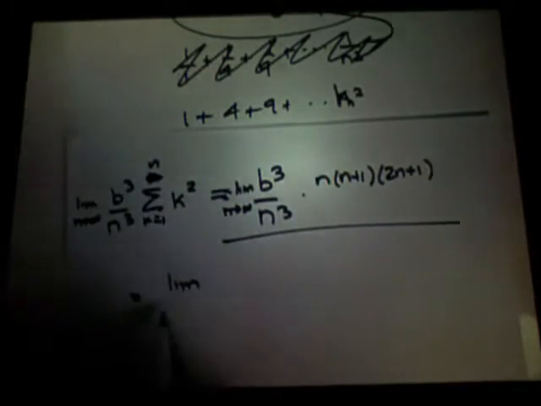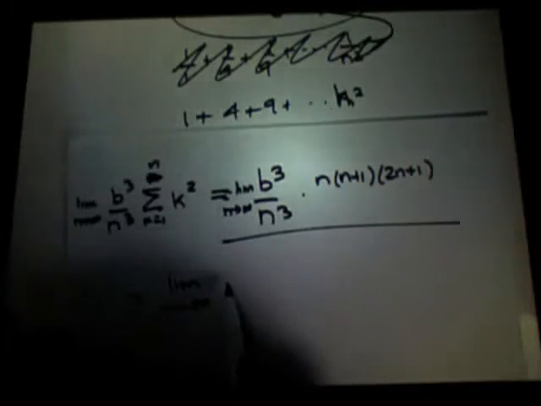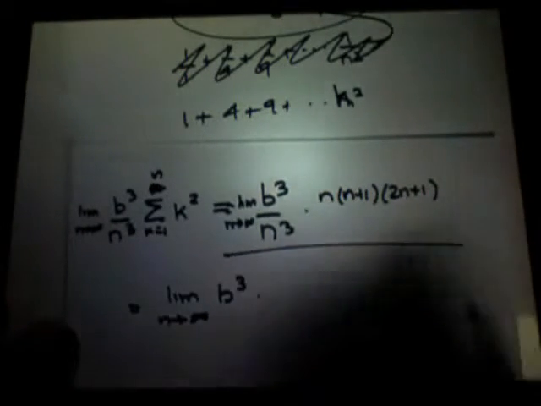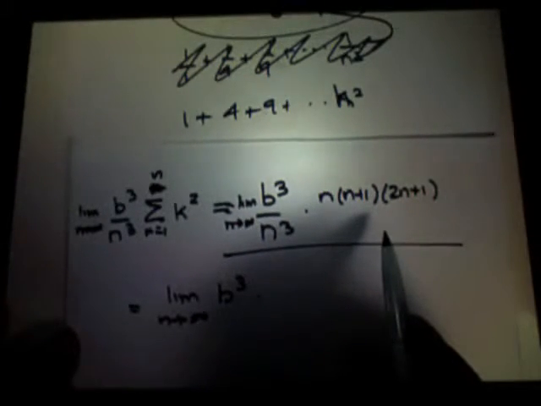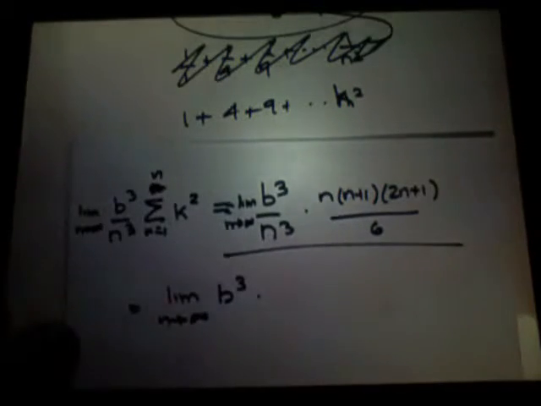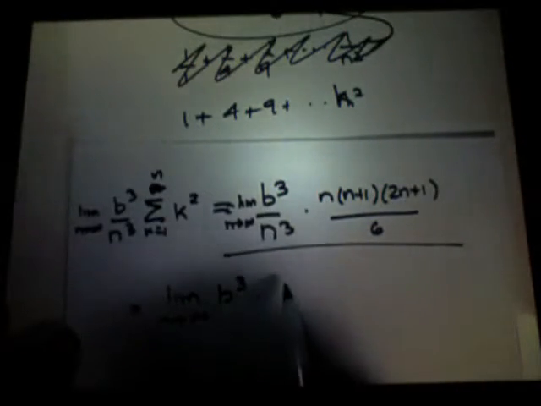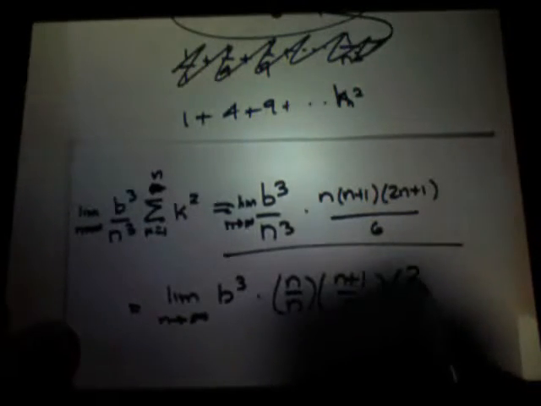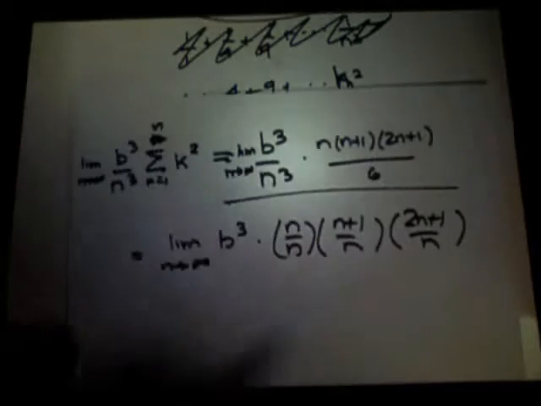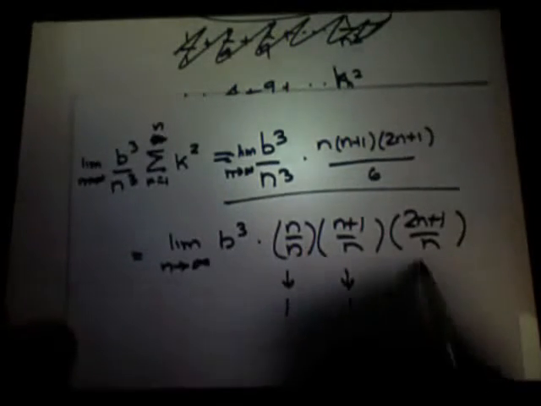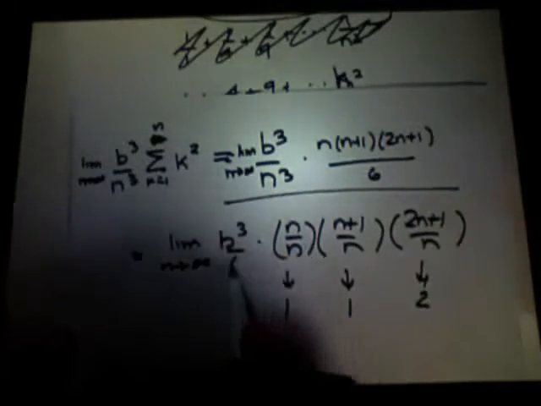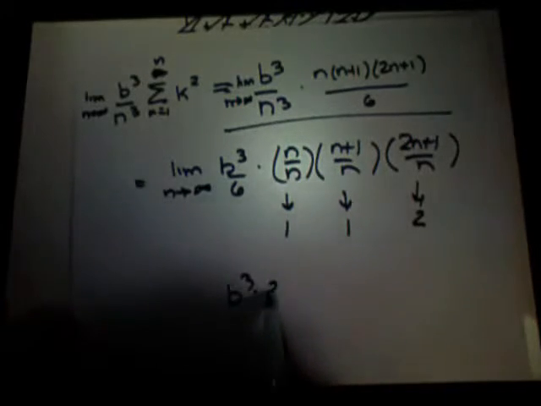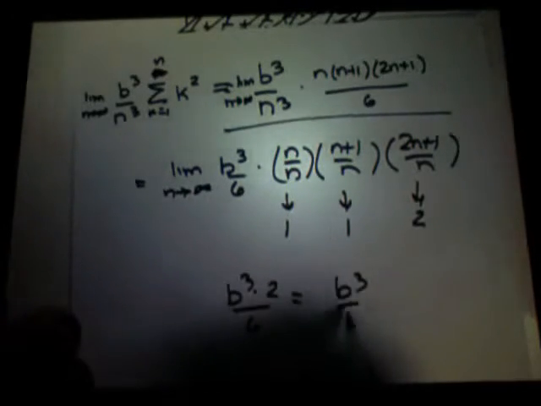I'll put one of the n's under that n, another n under this n, and the final n under that one. So as n goes to infinity, this goes to 1, this goes to 1, this goes to 2. The whole thing is over 6. So I have b cubed times 2 over 6, which is equal to b cubed over 3.